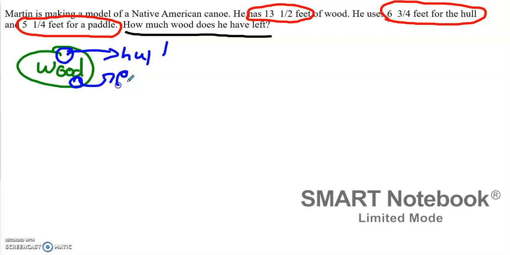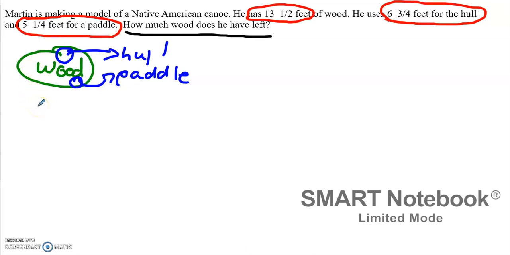And then I want to know what is left over. So when I look at this, I'm taking this away. If I add the hull and the paddle, I know what I would have left over if I did the calculations.